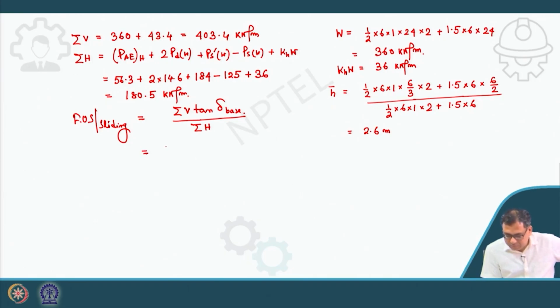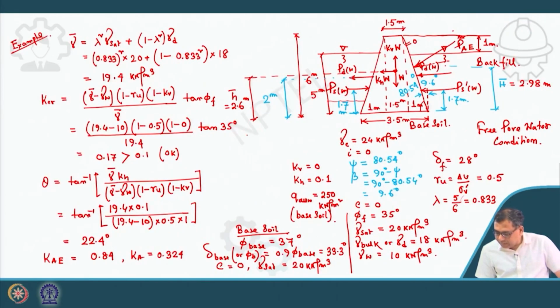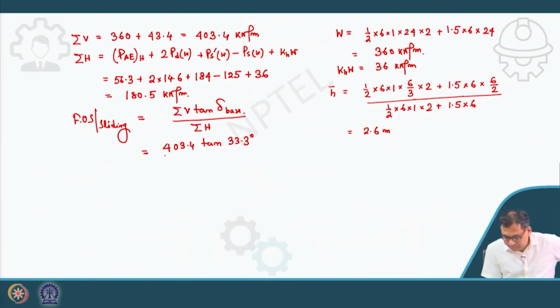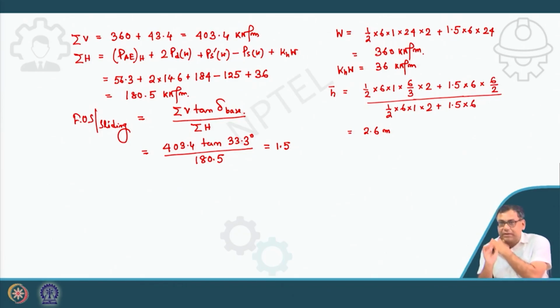So the summation of V is 403.4 into tan delta, that base delta, which is 33.3, divided by the horizontal force 180.5. So that is equal to 1.5.